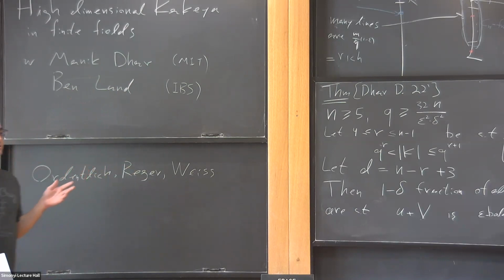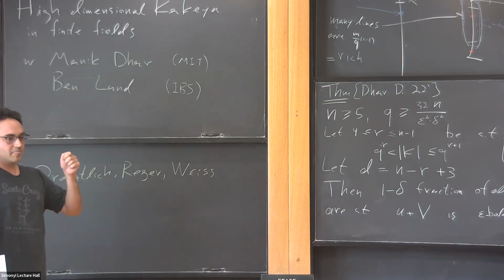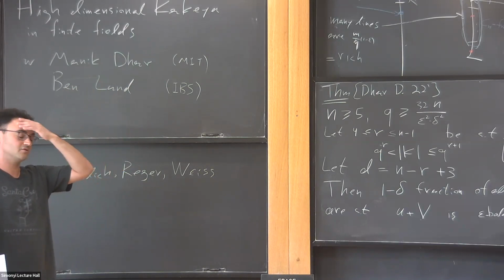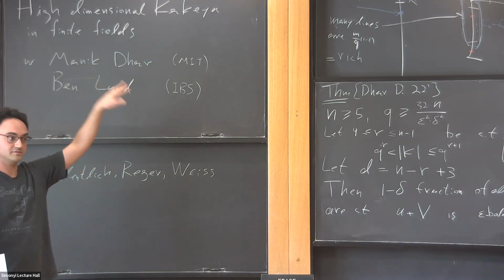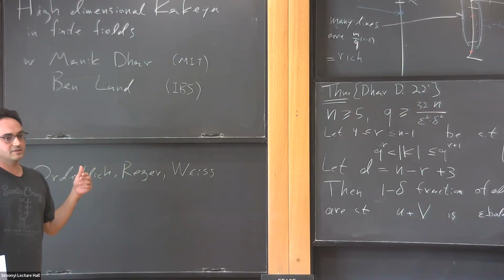So you would like to know what volume you need to dilate it to so that there will be a co-volume 1 lattice that covers it. And they showed a few years ago that it's something like n squared instead of n to the log n, which was known before.